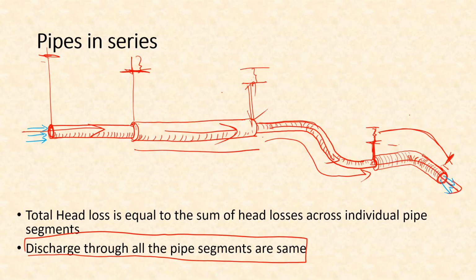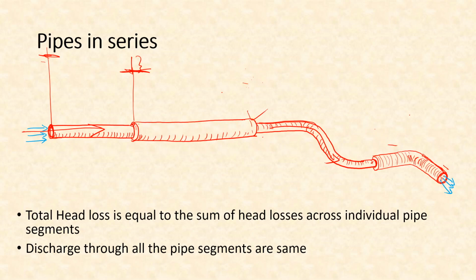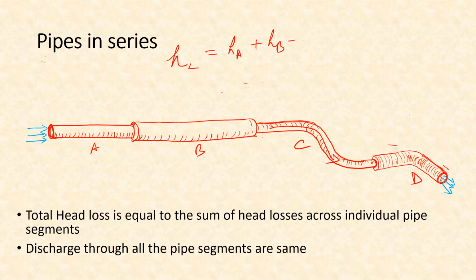Using these two facts, we can prepare two equations. If we call the pipes A, B, C, and D, then the total head loss will be equal to HA plus HB plus HC plus HD.